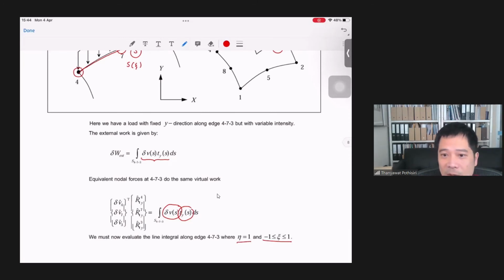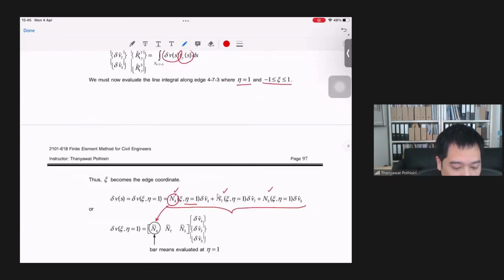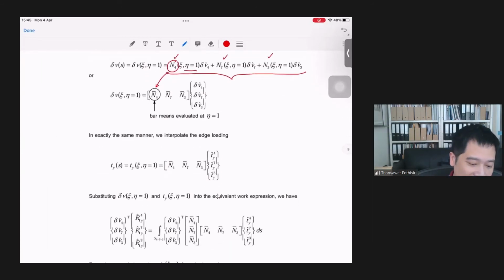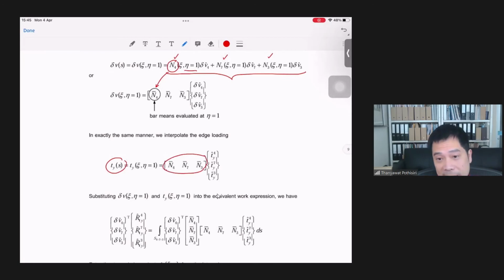But in case you don't want to worry about the variation of traction along the edge, you can approximate this variation by using the shape functions as well. If you use the shape functions to approximate your traction, then you can use the same set of shape functions to approximate this traction acting in y direction, based on the traction intensity at each node.